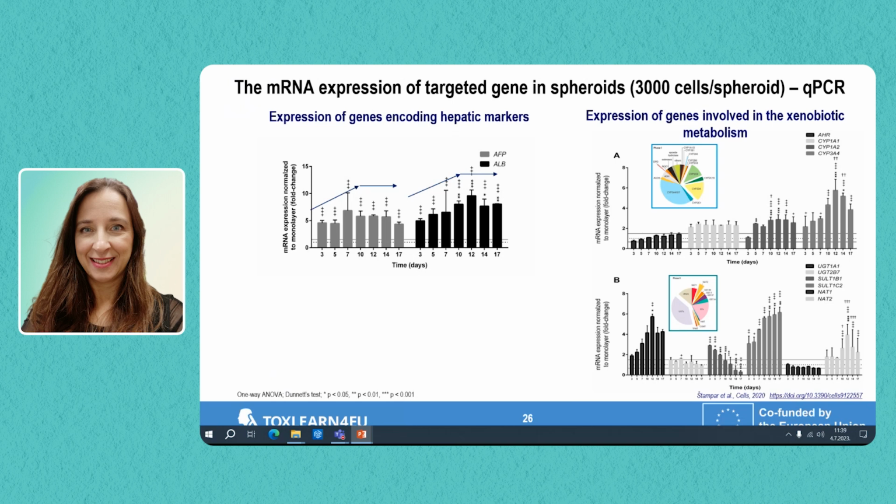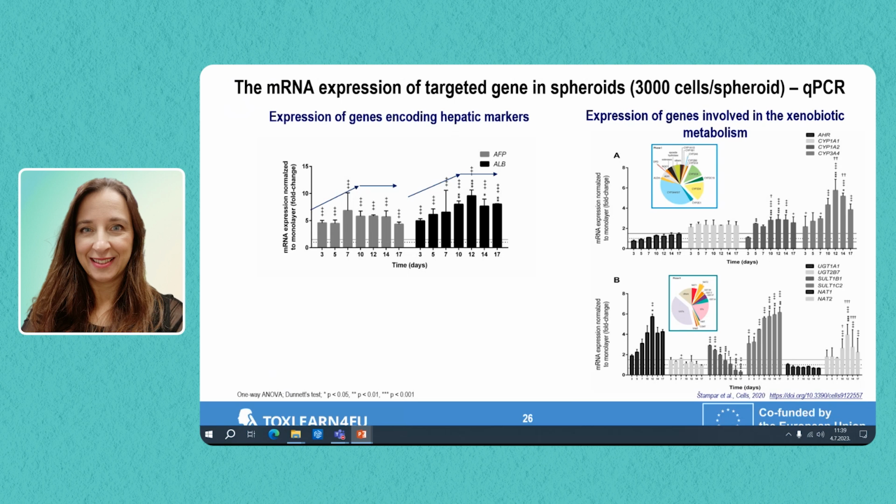These are mostly cytochromes. We know that this is a huge family of different CYPs. And as you can see, all were upregulated in the 3D model compared to the 2D model, particularly increasing with time.